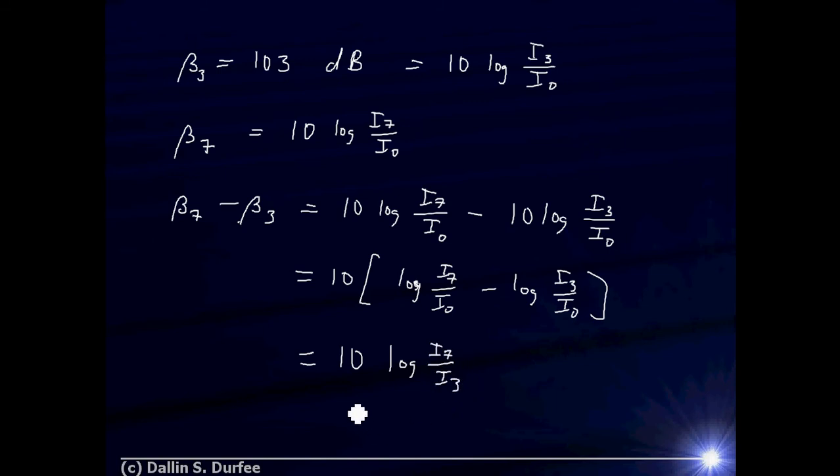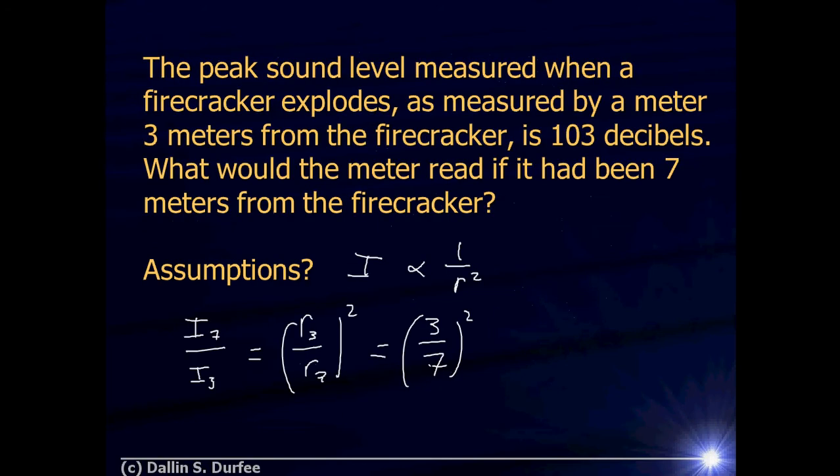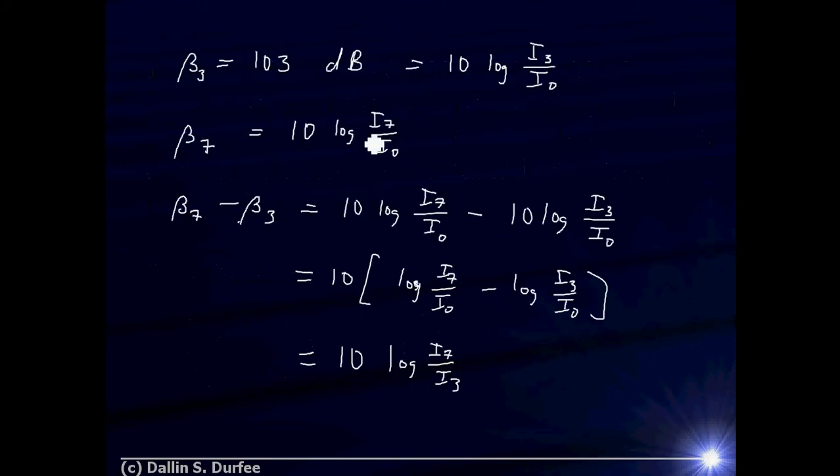So remember, with logarithms, we add to multiply, and we subtract to divide. What my reasoning was is I have an easy way to find the ratio of these intensities, and in terms of sound level, ratios become subtractions, so I subtracted the two. So I want to find beta 7.